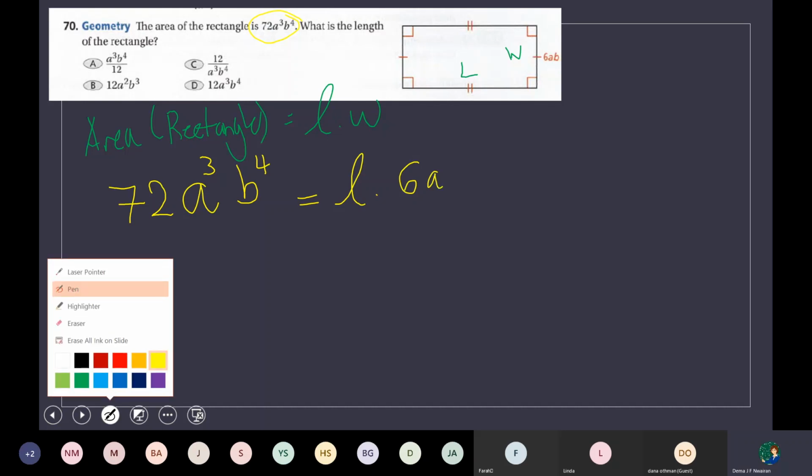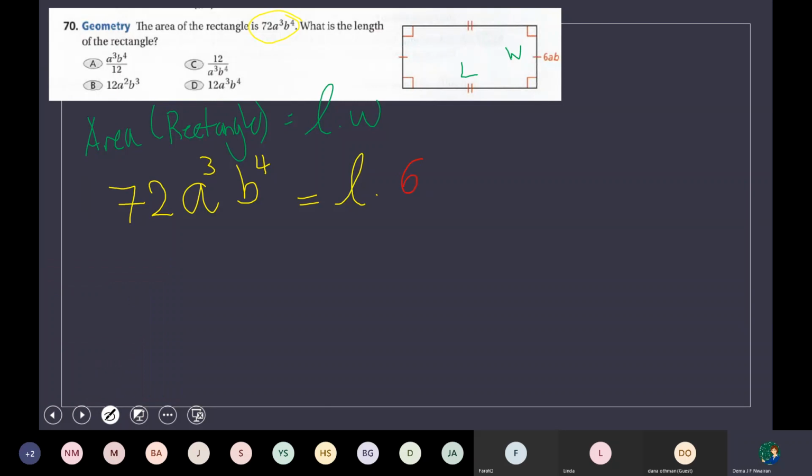I will rewrite it with another color. 6ab. I want now to find L. So here we have the area, we have the length, which is unknown, and we have the width.